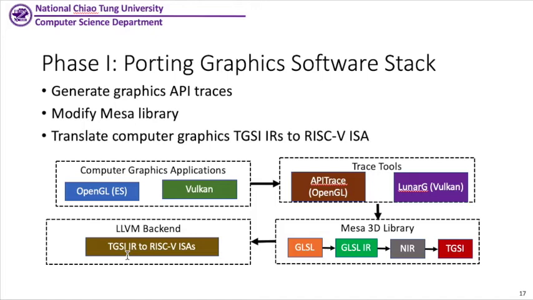So in the first phase, we need to change the current runtime and compiler software stack to enable us to gain the RISC-V ISAs from the computer graphics workloads.